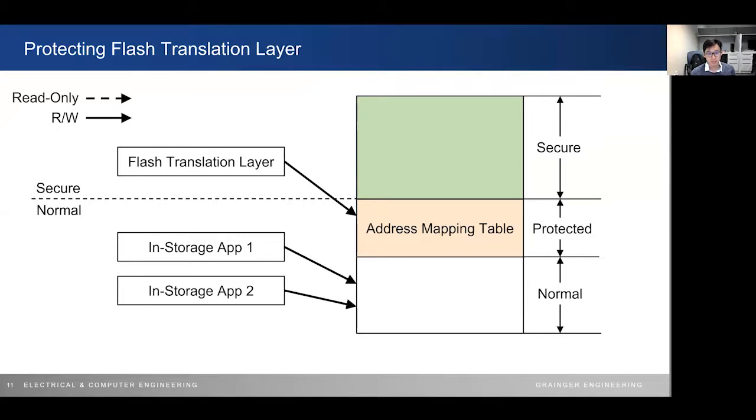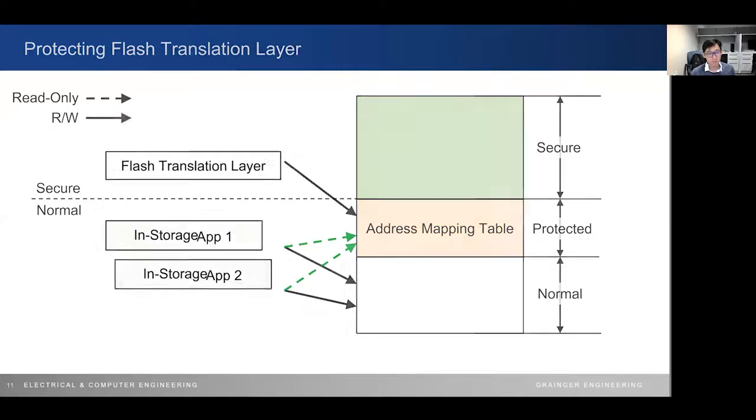In this way, the in-storage applications can query the address mapping table, do the address translation, and access flash memory without context switching to the secure world, while security is also guaranteed for the address mapping table and the FTL, because a malicious application cannot tamper with the data inside the protected region. With this more fine-grained memory isolation, IceClave achieves both security of the FTL and efficient flash access for applications at the same time.